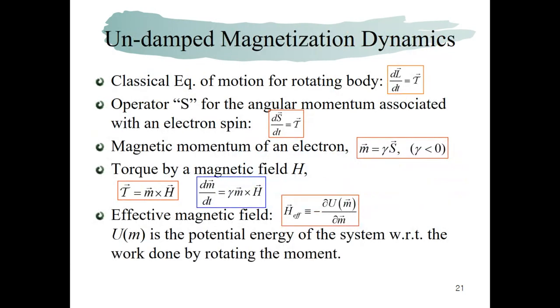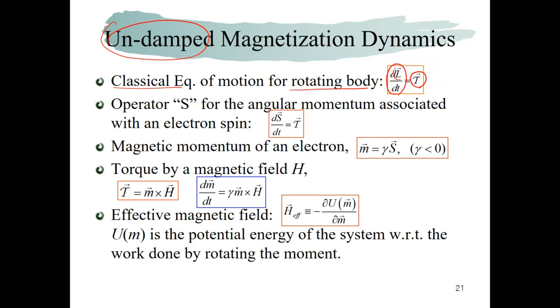Okay, so let's go back to the equation of motion of spin again, to the system without damping. The precession dynamics can be described by the classical equation of motion of a rotating body. Here, this is the time derivative of the angular momentum, and this is the torque.